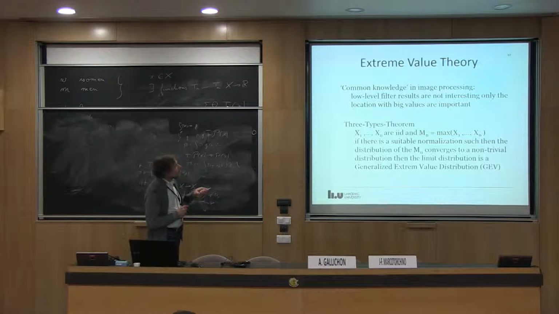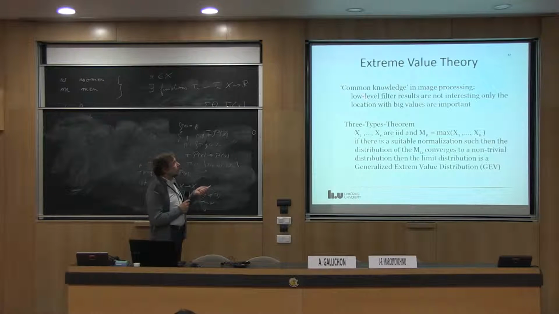Because the common knowledge in image processing is that with this type of filtering, you are not interested in all the garbage that has low values, but you look at points and regions where you have a large filter response. These are important.